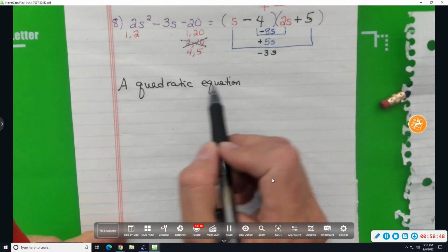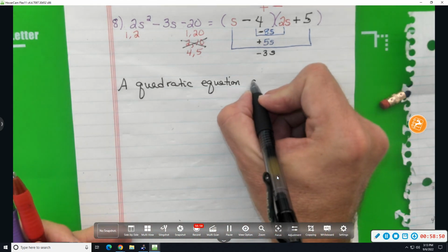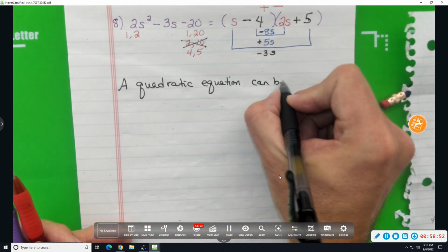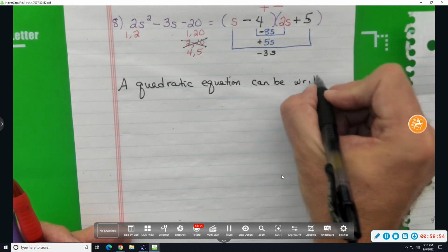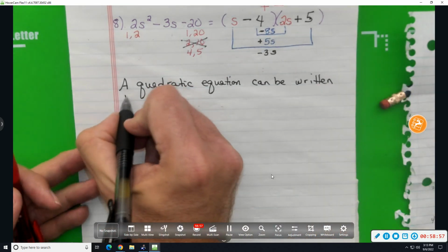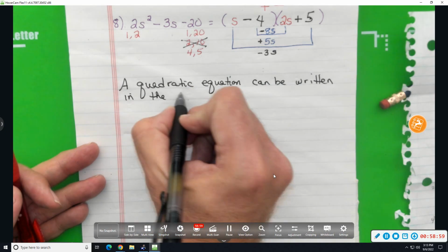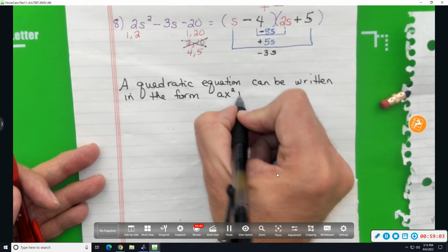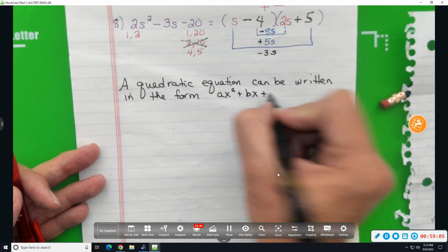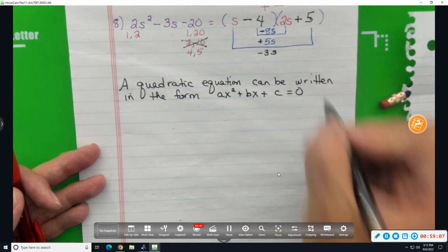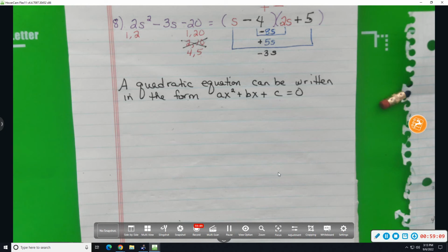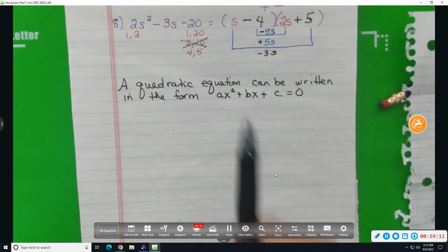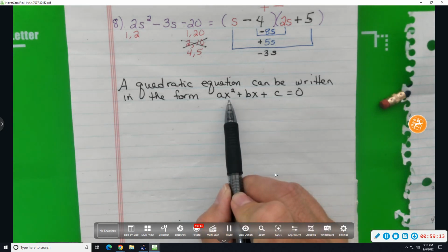But a quadratic equation can be written in the form ax squared plus bx plus c equals 0. In other words, a quadratic equation must have an x squared term.